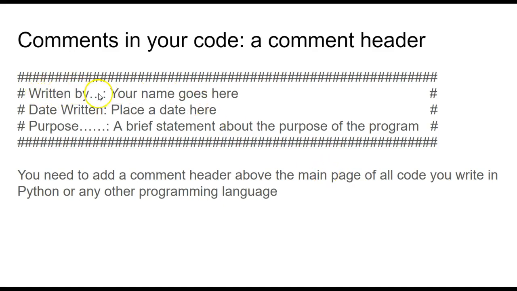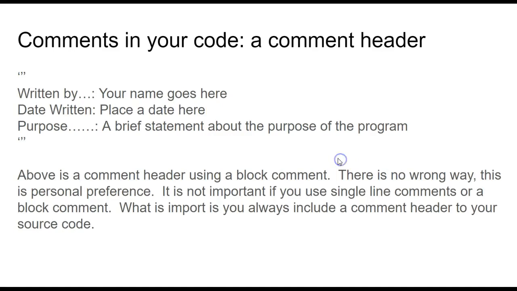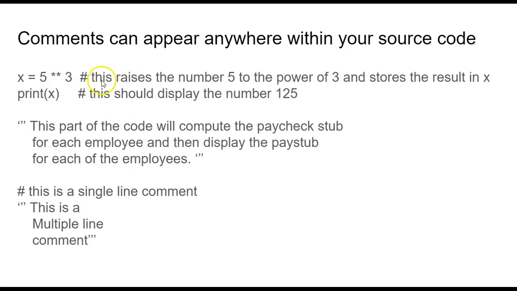You should have at a minimum your name, date, and purpose statement. You can do that comment header using inline comments, or you can do it with a block comment. I don't really care how you do it. It's personal preference. I prefer making that marquee around my comment header. But it's important that you always do a comment header.